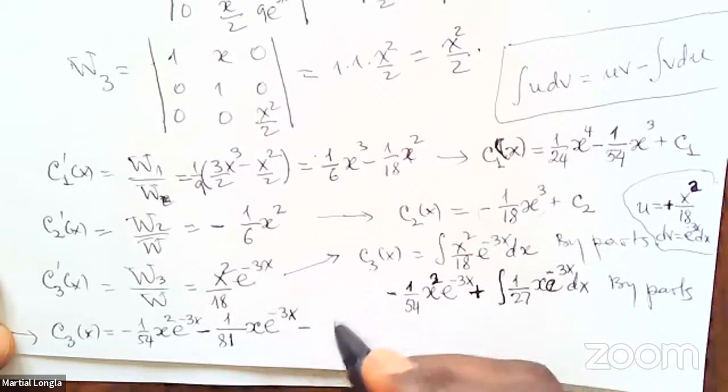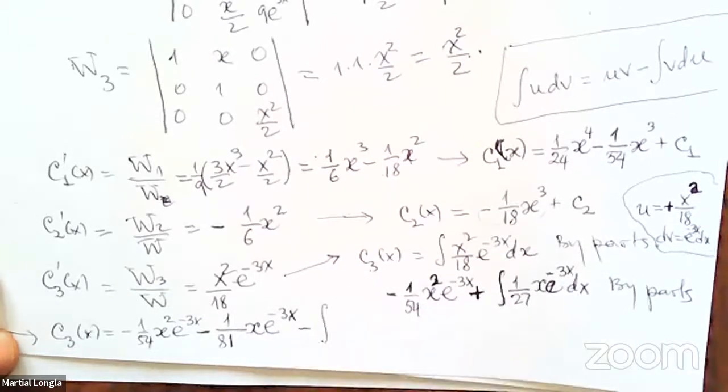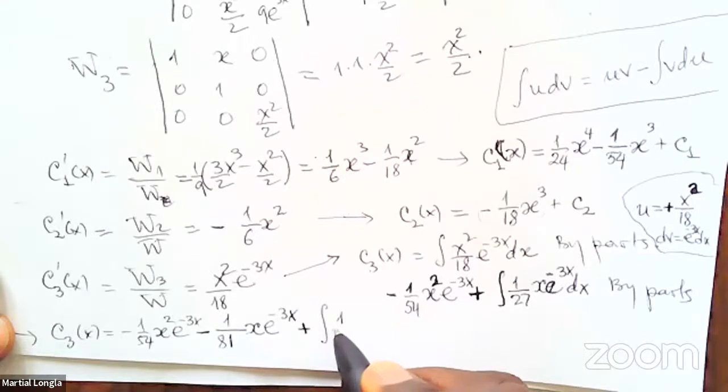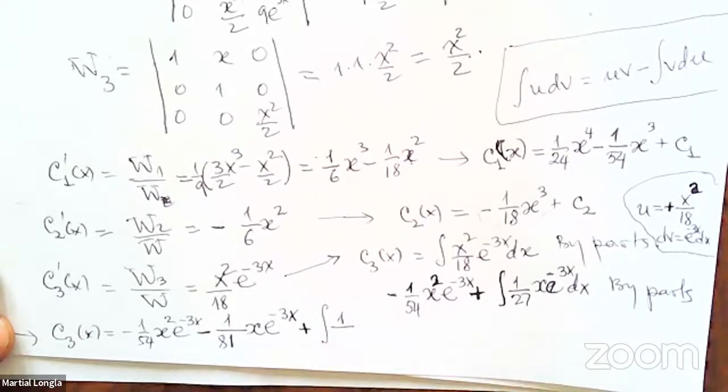Then minus, and what is in there? Inside the integral would be negative 1/3 e to the negative 3x times 1 over 27. So positive. Then the number here would be 1 over 81 inside.